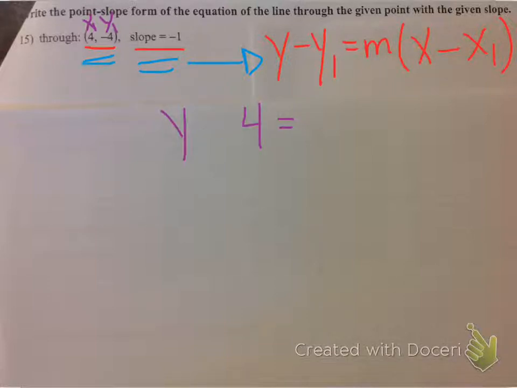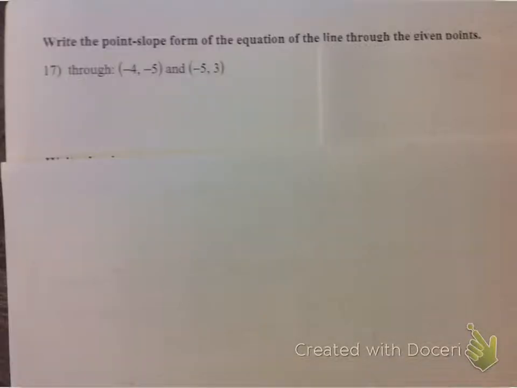Plus, so let's make it nice and neat, plus my m, my slope is a -1, open parentheses x, my x sub 1 is over here, and that's it. That is my point slope form.